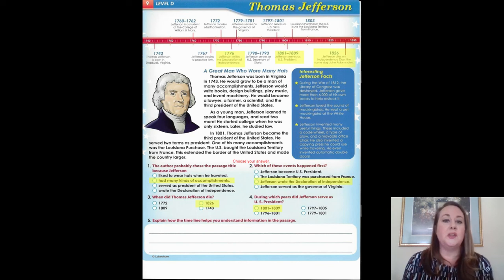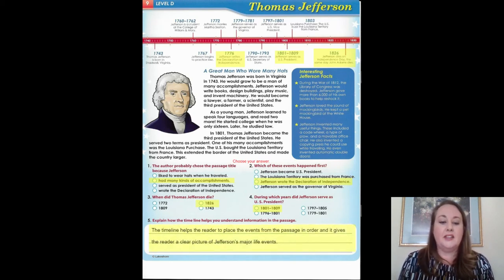And we also had to use that timeline to answer some of these questions. So let's talk about how it helped us understand the information. Okay, so you can talk about it amongst yourselves or you can just write something quick down. But I have written it down, so I want to show you how I answered this particular question.